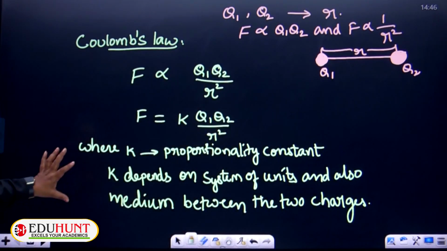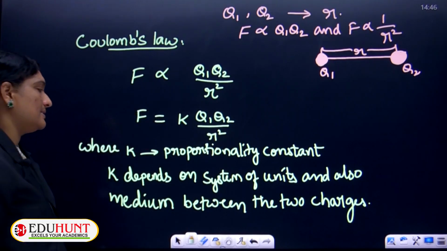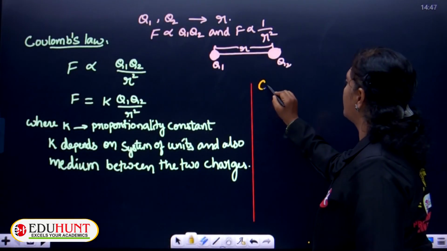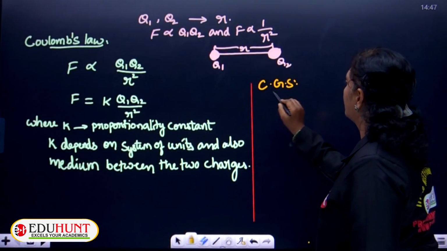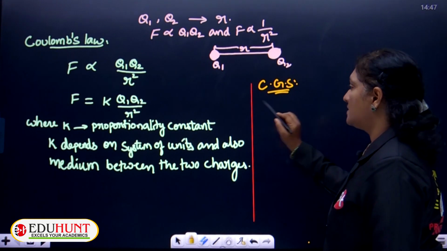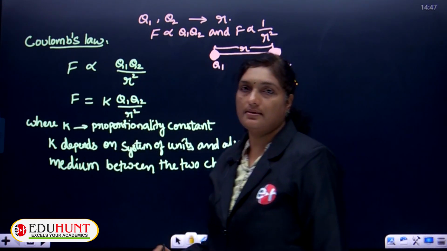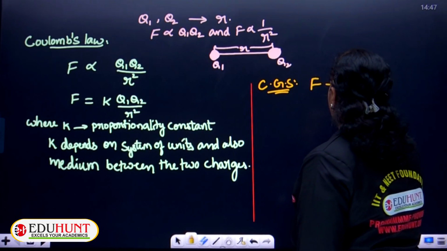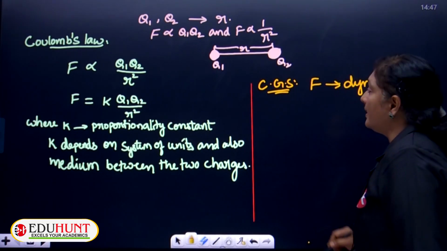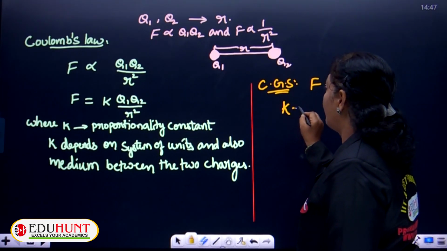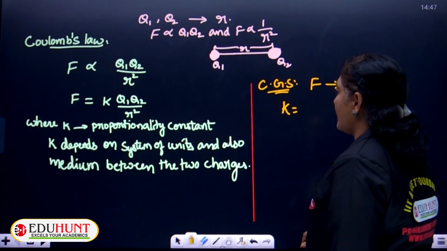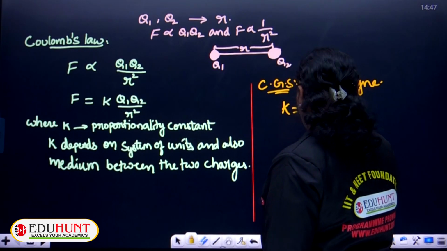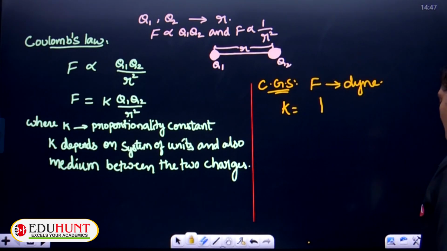Suppose the value of a force is measured in the CGS system. Generally we measure force in dynes. So when force is measured in dyne, the value of K is taken as 1.